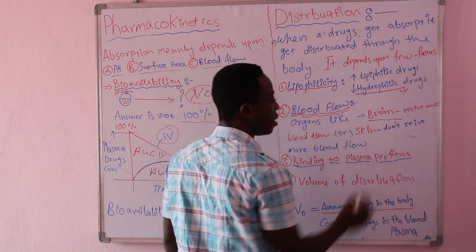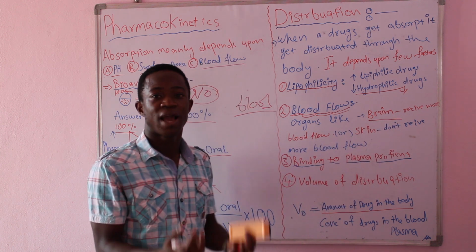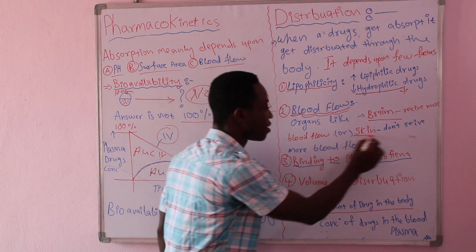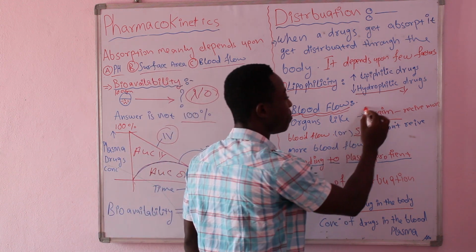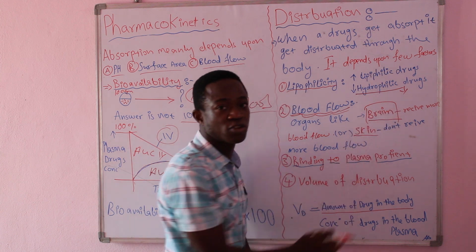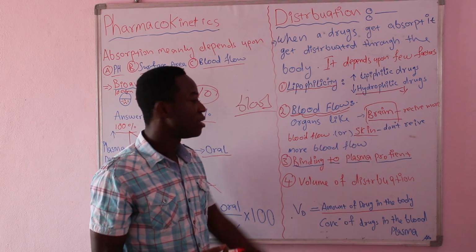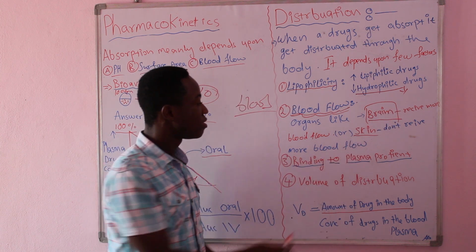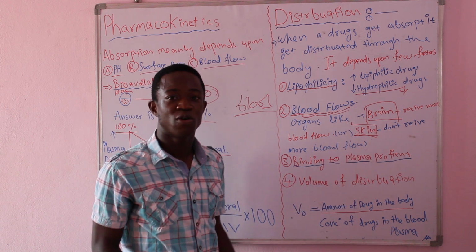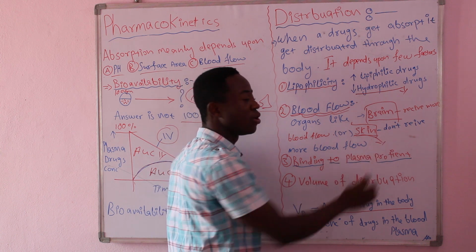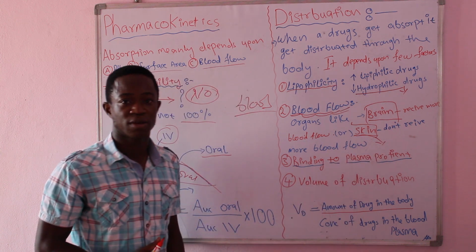Organs like the brain receive a higher blood flow than the skin. So when the drug is administered, the brain stands a better chance to get more drug than the skin. So the skin will receive less drug. That's why more often they produce ointments and creams to be used on the skin.